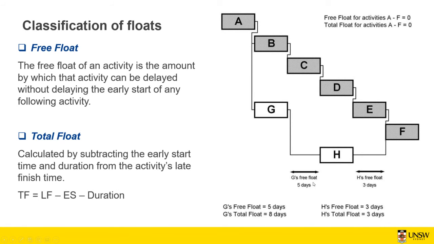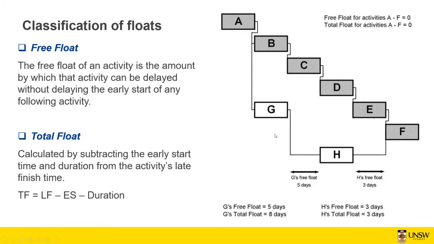This is your free float for task G. For task H, the free float is 3 days. After task H and before starting of task F, you got 3 days, which you can delay task H before delaying the start of task F. So this is the free float of task H.